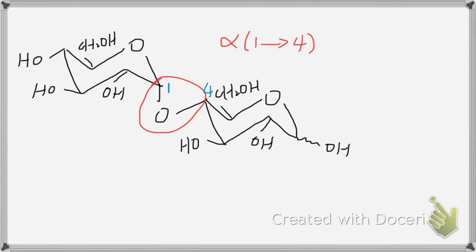In the first unit, carbon 1 has an alpha oxygen, which means the O is pointing down in the axial position. And the carbon 4 OH is equatorial, so they form a linkage here, the alpha 1,4 linkage.